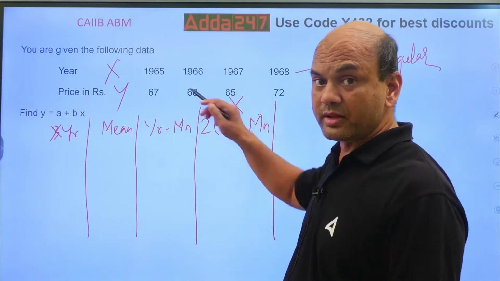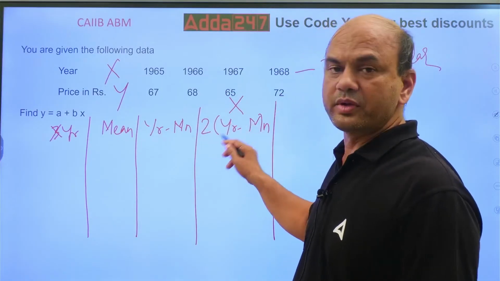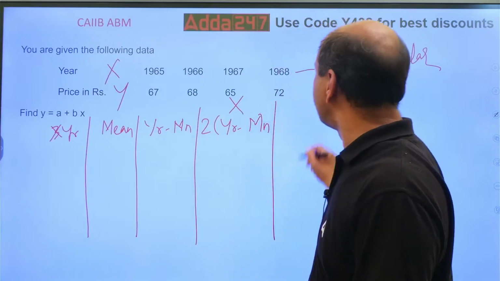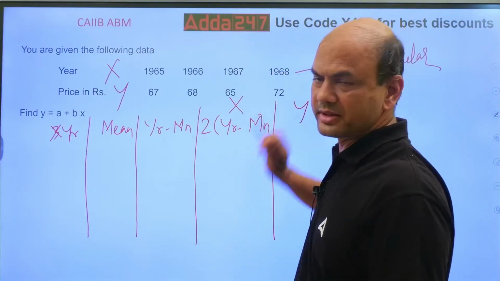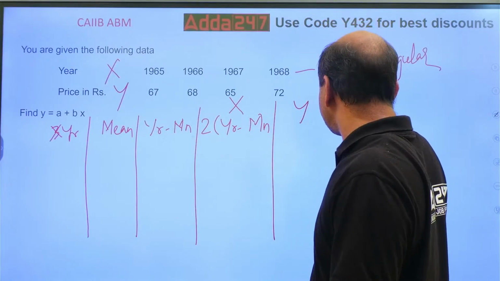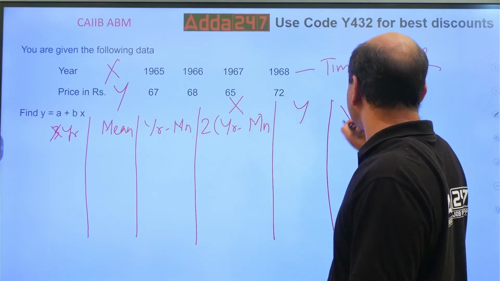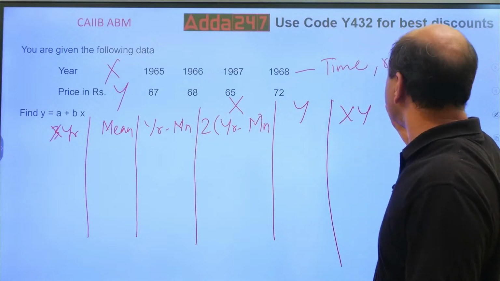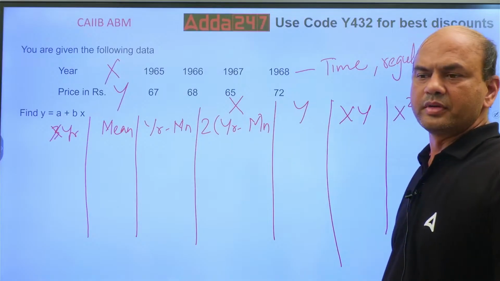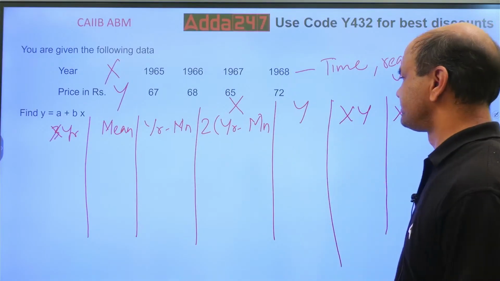Whenever you have even numbers, it is 2 into (year minus mean). Otherwise, it's simply year minus mean. And then y. Y is whatever is given. Then you have to plot xy. Then you have to plot x square. And here your table ends.